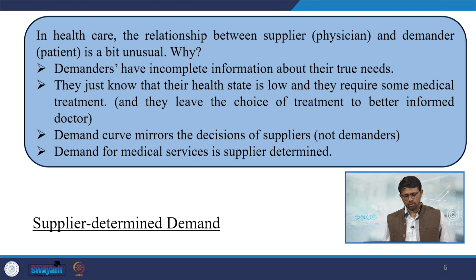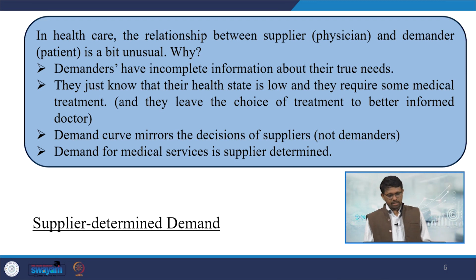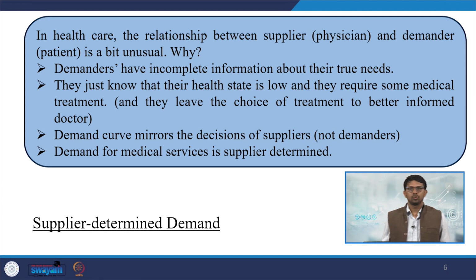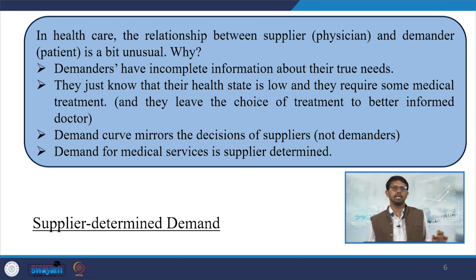They just know that their health state is low and they require more medical treatment, and they leave the choice of treatment to better informed doctors. The demand curve mirrors the decisions of suppliers, not the demanders. Demand for medical services is supplier determined, largely in the Indian context.